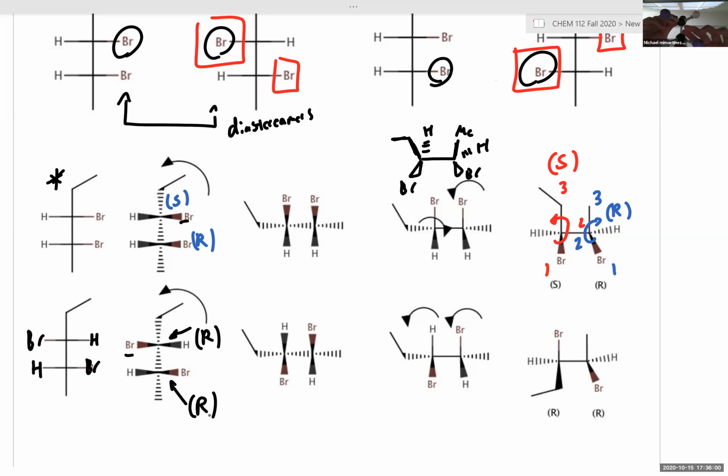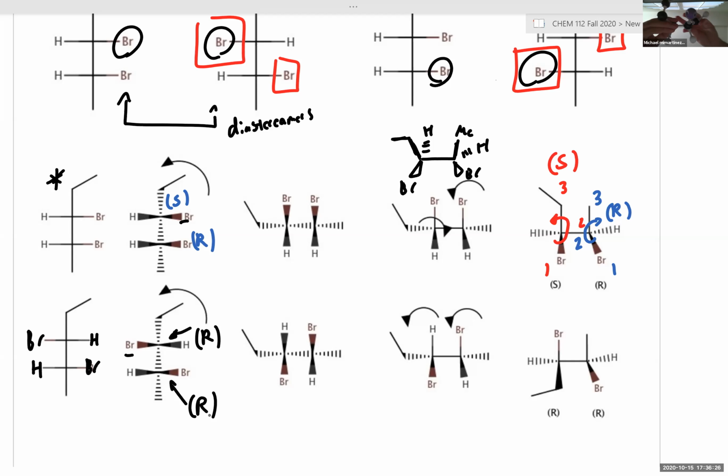Okay, so here is our revised model. As we notice, this time the top bromine is on the left. So now what we're going to do is rotate this molecule so our hydrogens are in the back. I rotated it first so both of my hydrogens are on the same side, and then I'm going to tilt my molecule so the hydrogens are in the back.